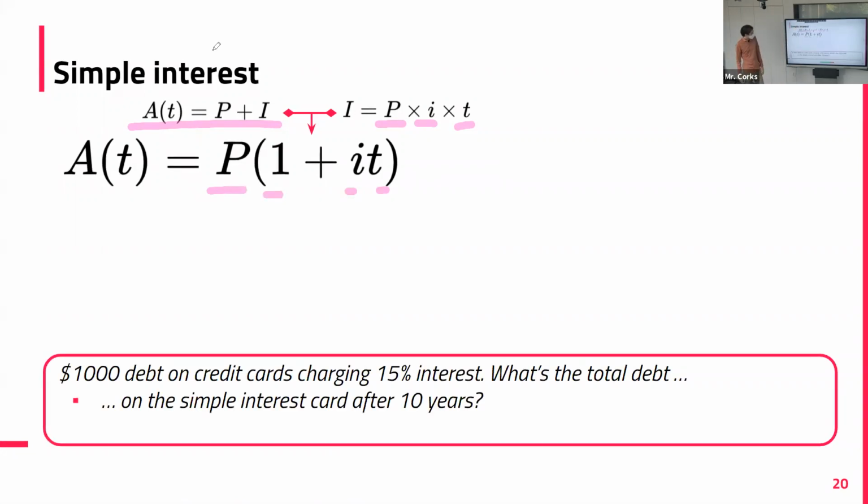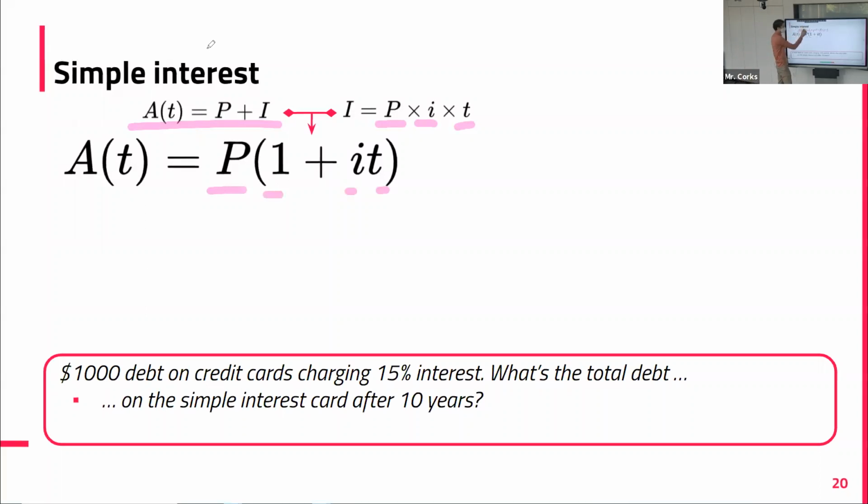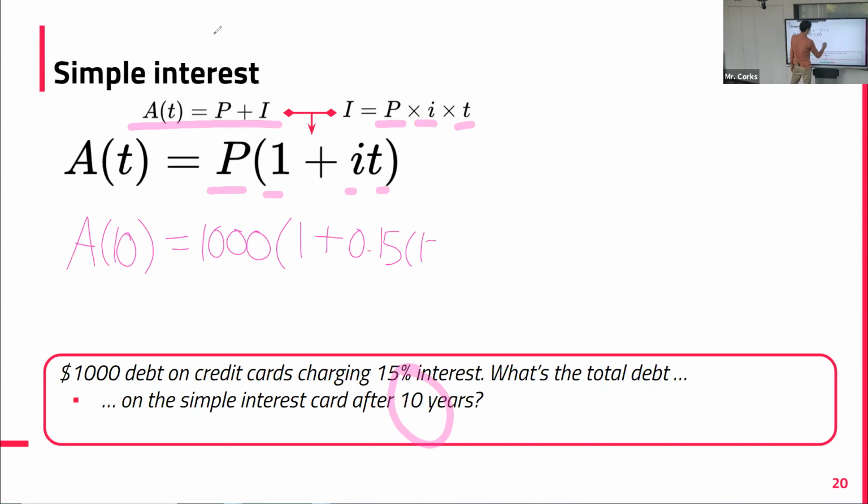So let's use that formula for the same credit card example, except after 10 years. What would be the value of the debt after 10 years? So A10 will be equal to 1,000 times 1 plus 0.15 t, which we say is 10.